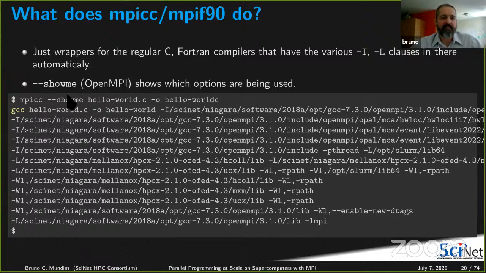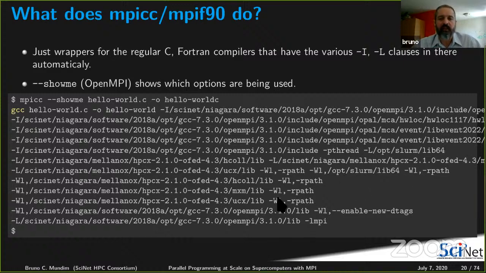So basically when you do mpicc hello world.c -o and the name of the executable, the wrapper will call gcc and keep the name of the source file and the output name of the executable, but it will add all the search paths for the header files and for the libraries, what kind of libraries you're using, and all the information for the runtime or for the linker as well.